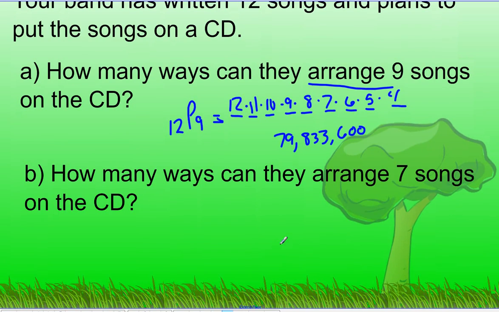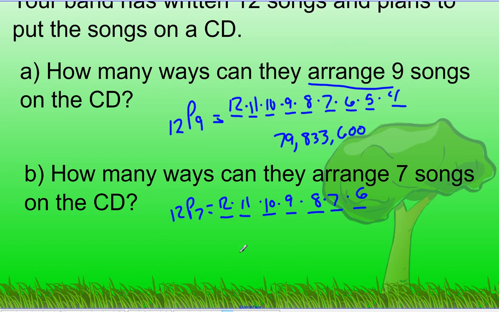80 million. Now, if you're only doing 7 songs, it'd be the same deal. 12 permute 7. So you're only going to put 7: 1, 2, 3, 4, 5, 6, 7. You still have for your first spot 12 options because you haven't picked any songs yet. Then 11, and 10, and 9, 8, 7, 6.